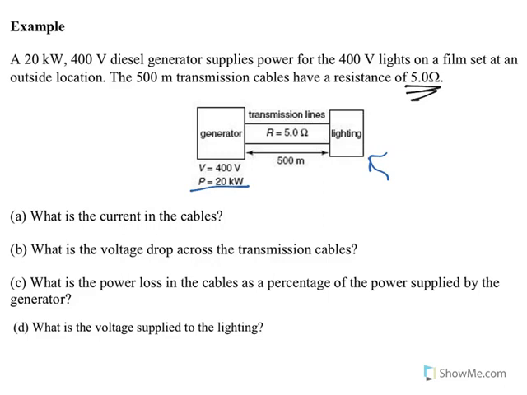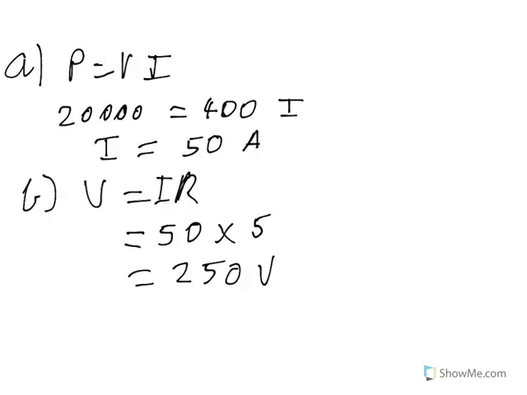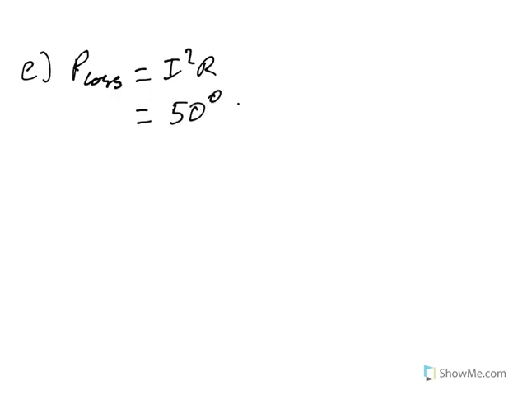What is the power loss in the cables as a percentage of the power supplied by the generator? Power loss, as I've always said, is I squared R. The current was 50, not 50 degrees, 50 squared times the resistance, which is 5, and when you do that you get 12,500 watts.